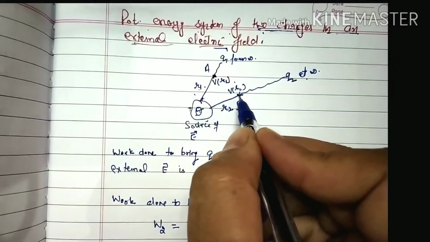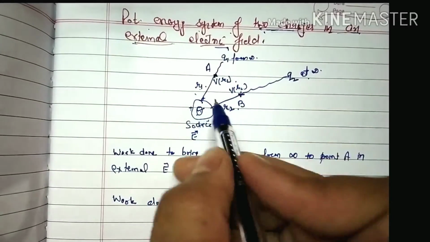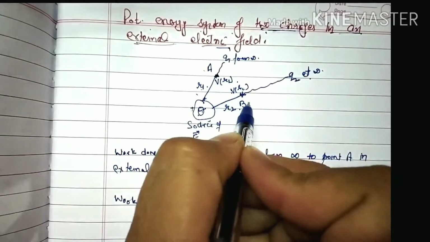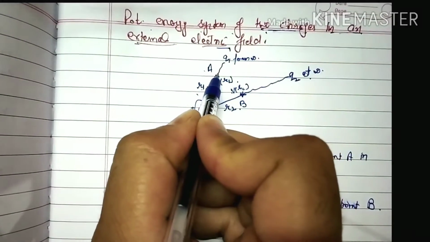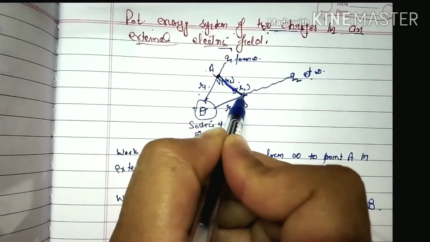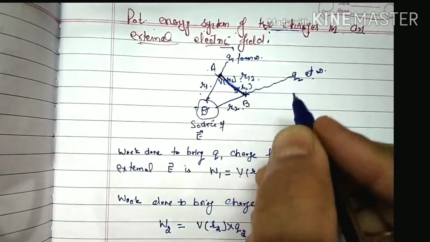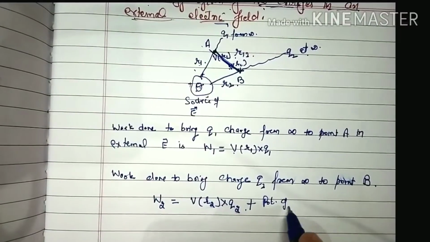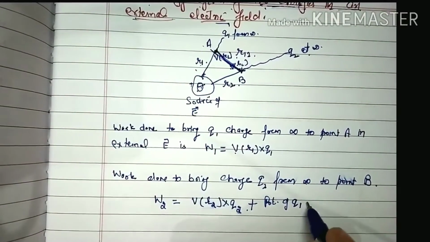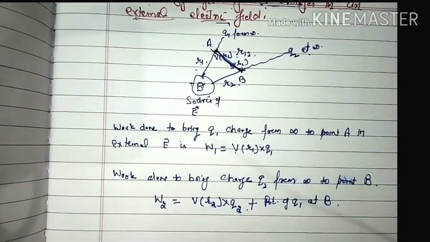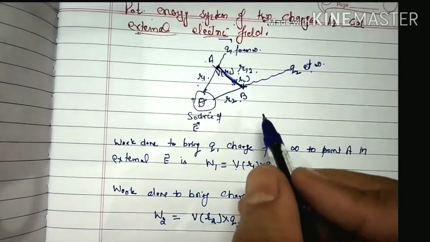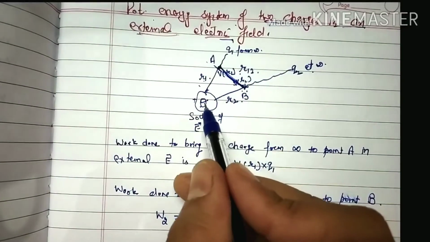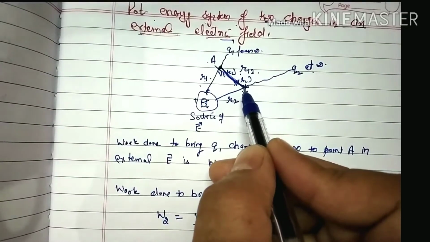Firstly, this charge is placed in the potential of this source external electric field, and this point B also lies in the potential of A, because this charge lies near B. So if we take this distance to be R12, then plus that is the potential of Q1 at B. Again, the work done to bring this Q2 charge to point B is V(R2) Q2, because here there is the potential of this source charge, and this point B also lies in the potential of the Q1 charge.